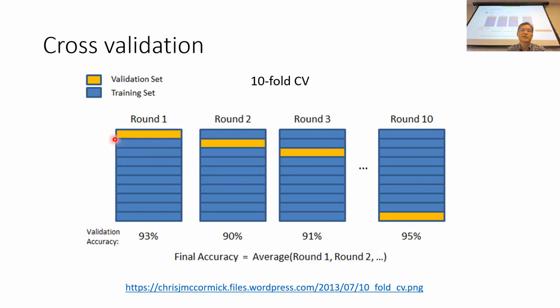Then you use the 10% validation data set to test. Because when you did the training, you didn't give it the information of your validation data set, so this can be used as an independent test.